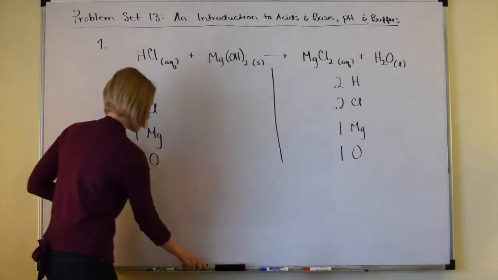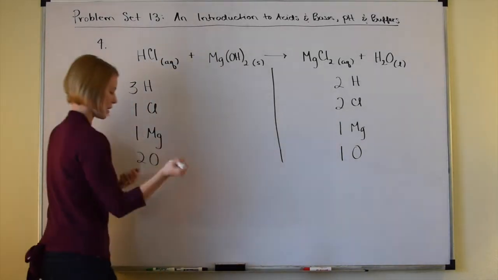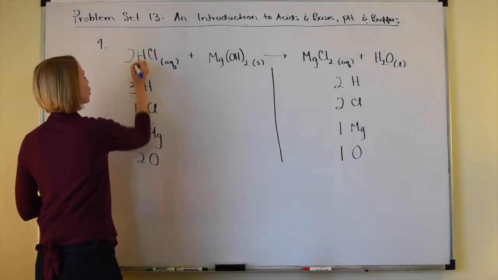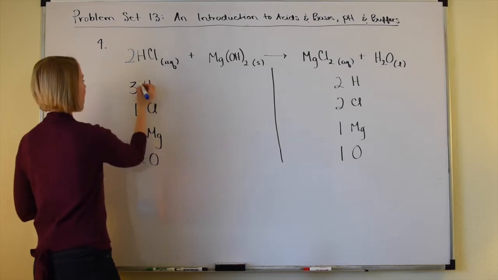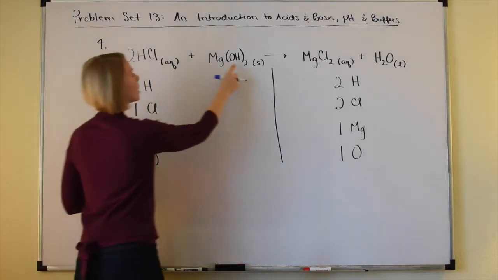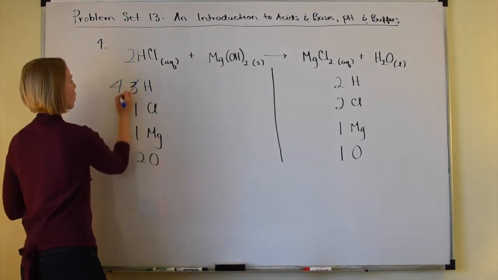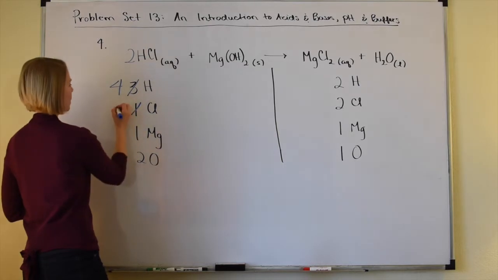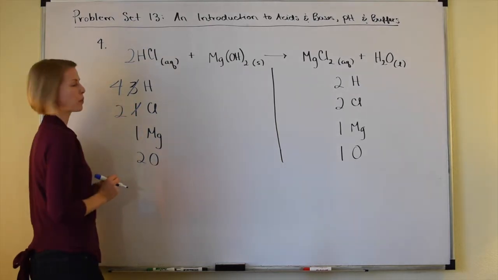I can see already that we can easily balance chlorine by just putting a coefficient 2 in front of the HCl. Now that's going to change our number of hydrogen as well to 2 plus these 2, total of 4, and updates our chlorine and balances it by making it also 2.